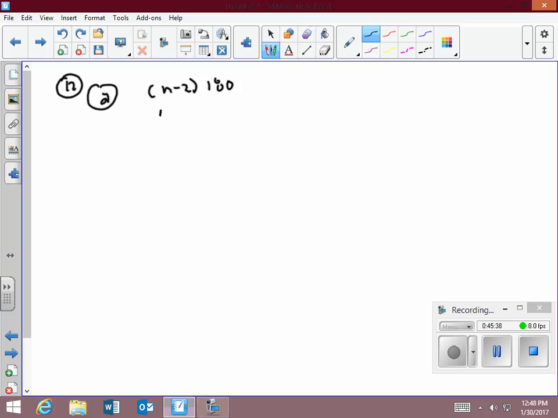So it's 4 sides minus 2 times 180. So that's 2 times 180, so you got 360. Okay, understand. So you want to always go back to your formula. Each one of those 4-sided figures has 360 degrees in it.